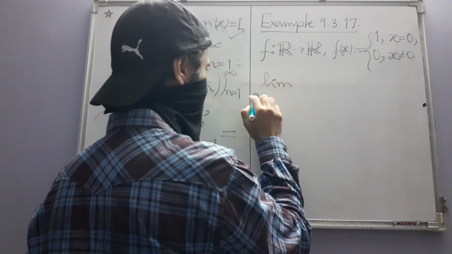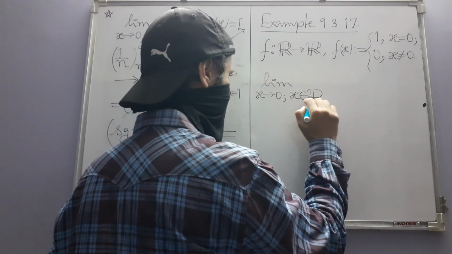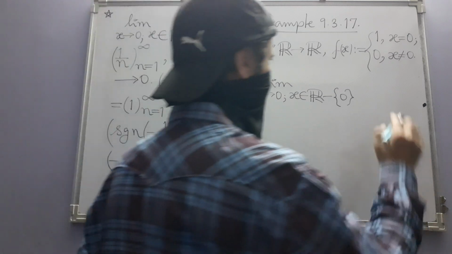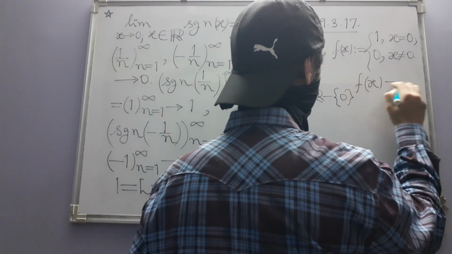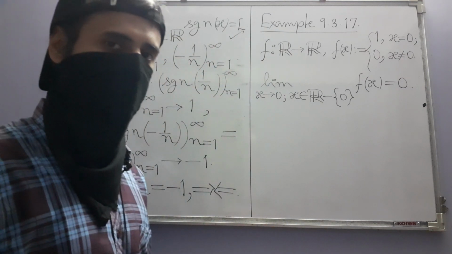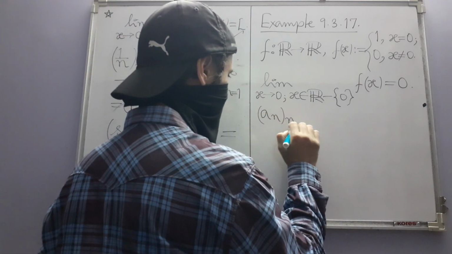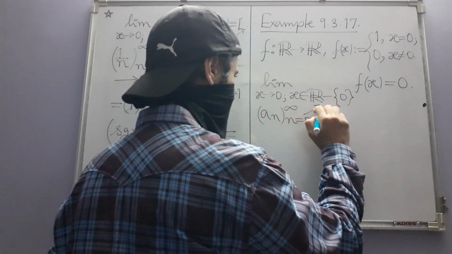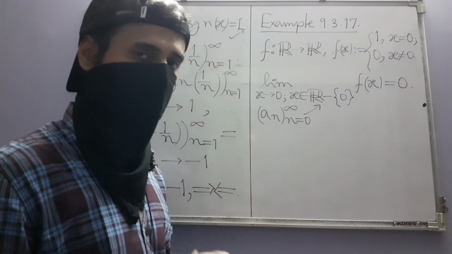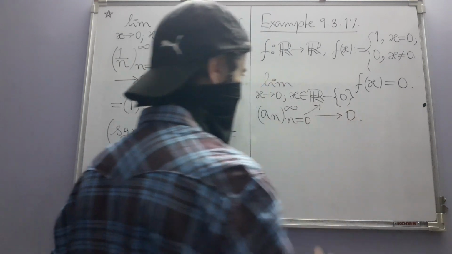One of them is this. Again at 0, but our first set E is going to be the set of all non-zero real numbers. And we claim that this is equal to 0. Again we take the help of proposition 939. So you take any sequence here, that means these ANs are all non-zero real numbers, that converges to 0.